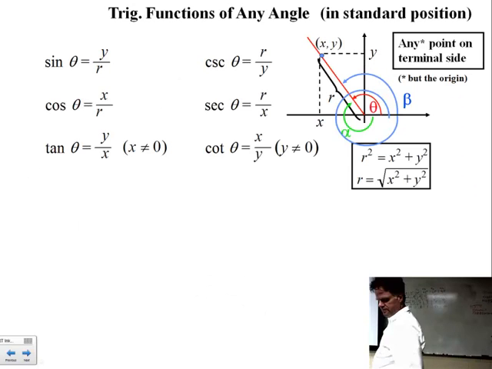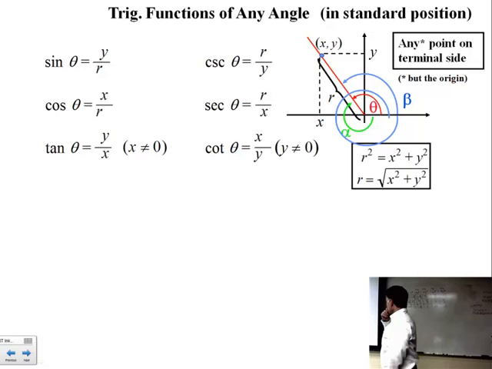All right, going on. Now we're going to talk about trig functions of any angle. We've been dealing with acute angles only so far. We are now going to extend trig functions to any angle, positive, negative, any real number. So here's the idea. When theta was acute, the right triangle was in standard position. If theta was in standard position, you can imagine the origin being right at theta.